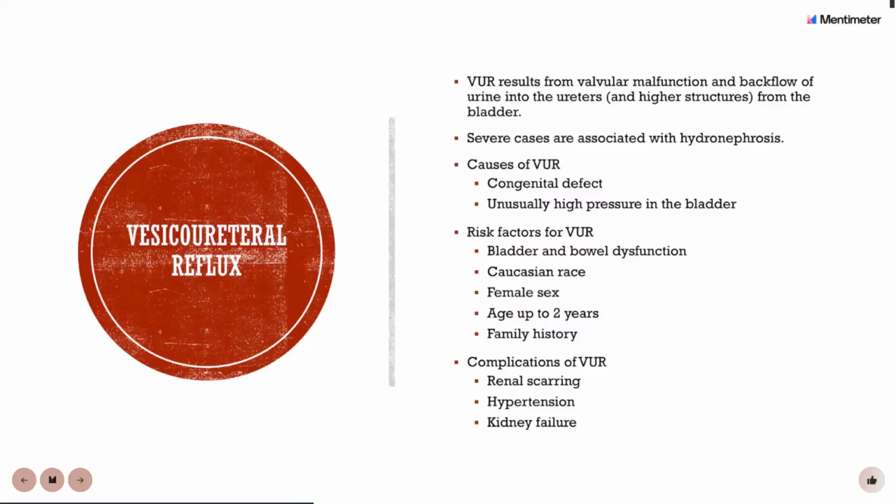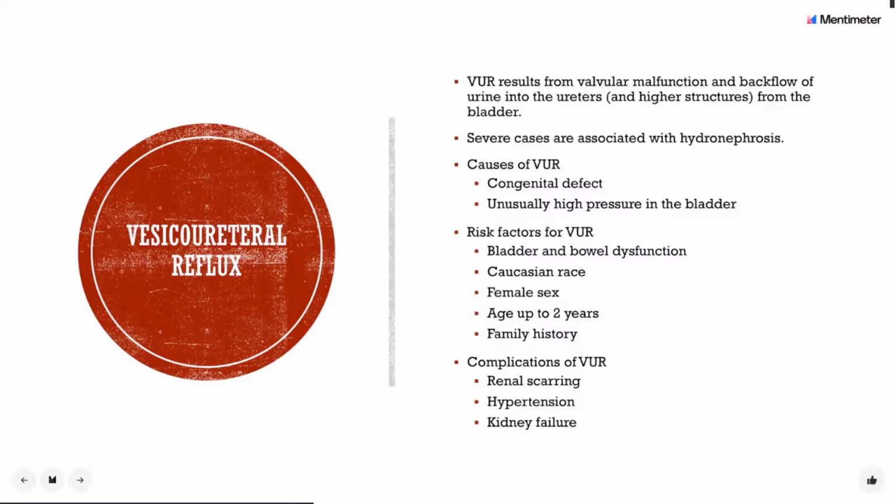With vesicoureteral reflux, this is where we've got abnormal backflow of our urine into the ureters from the bladder. So it's going from the bladder backwards up the ureters back towards those kidneys. It can be a congenital defect or it can be caused by high pressure in the bladder.